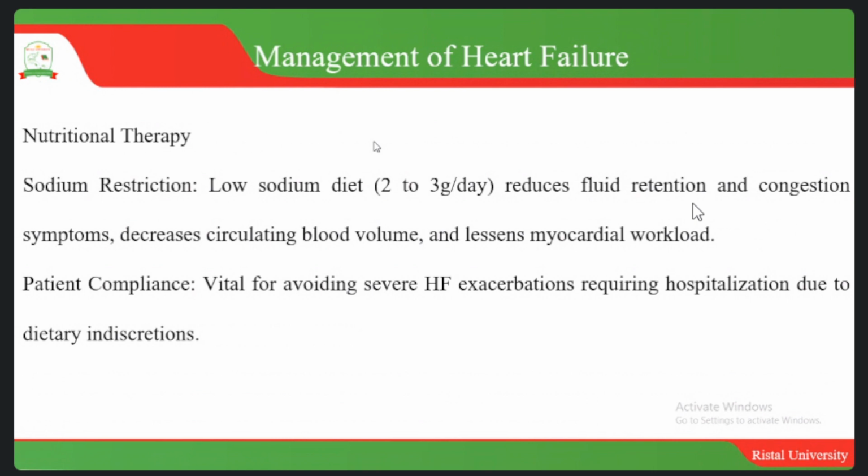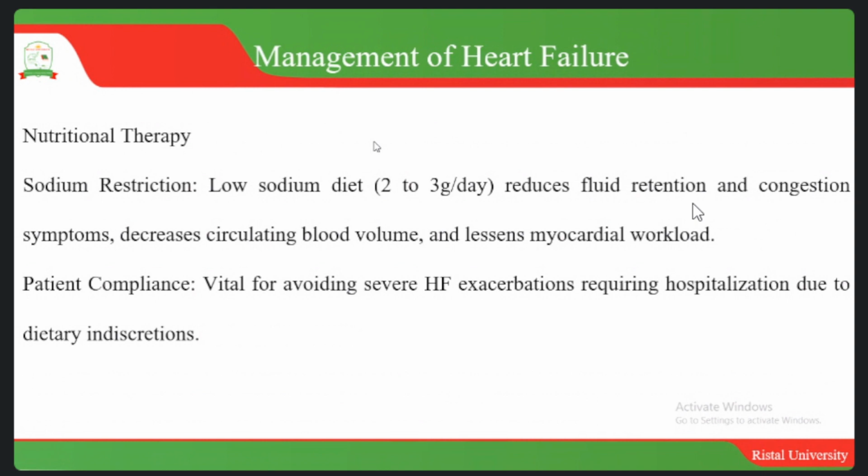There will be a lot of volume that has to be pumped out and a lot of volume that has to be received, and that's when the compensatory mechanism comes in, where the heart tries to compensate by increasing the thickness of the valves and also the ventricles, in order to catch up with the increased volumes of fluids, and this can end up causing that kind of heart failure.